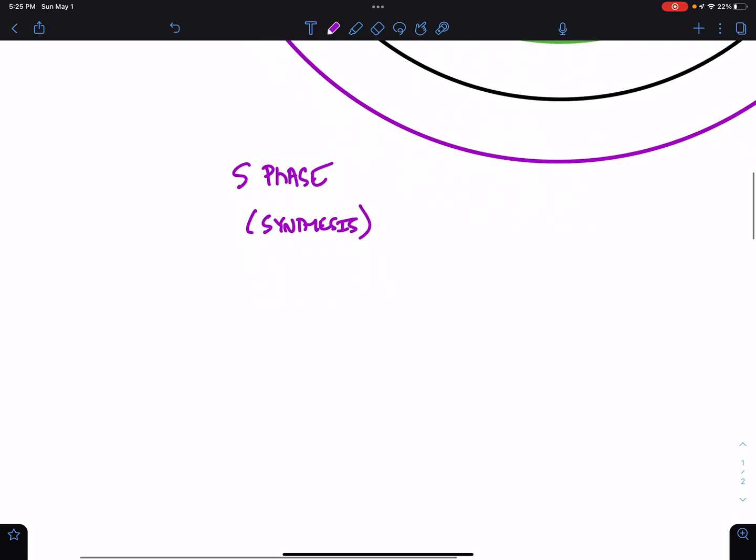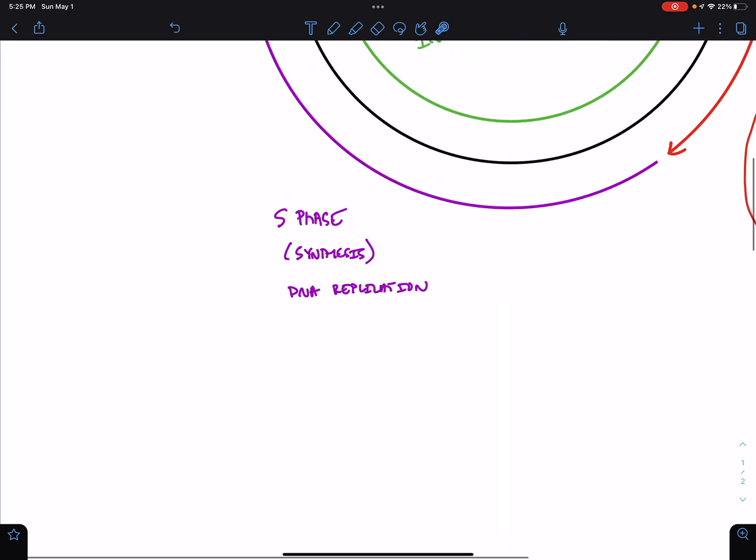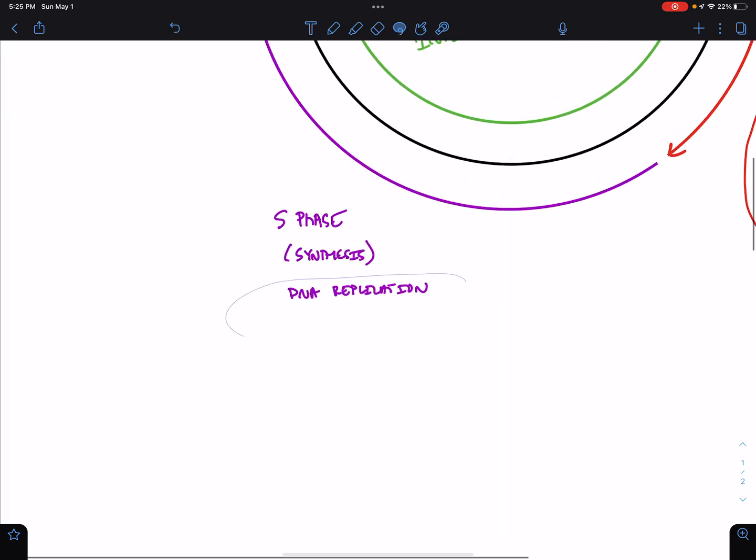And what the cell is synthesizing in the S phase is DNA. The S phase is when DNA replication takes place. Now, we haven't talked about the mechanism of DNA replication, or we've talked really briefly about the structure of DNA and how it lends itself to being replicated.